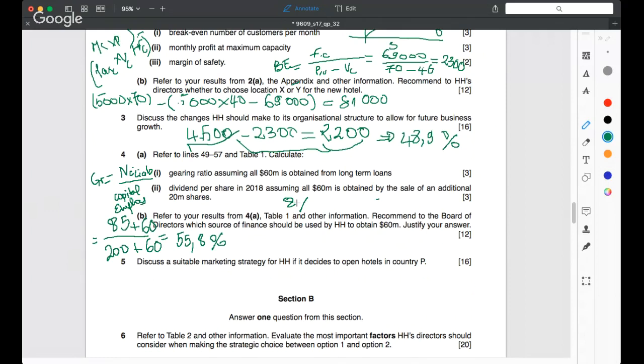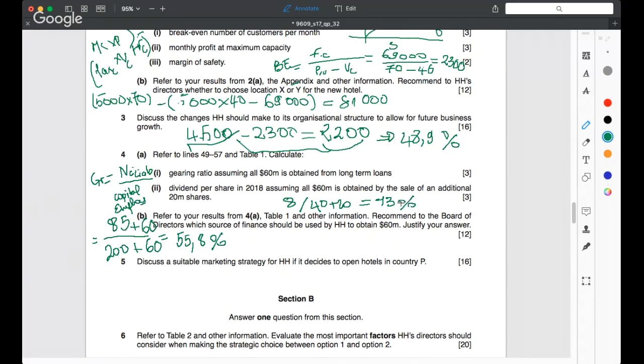Here, as they said, dividend per share obtained by the sale of an additional 20 million shares. Oh, of course. So 60. So it's 40 plus 20, equal 13%.